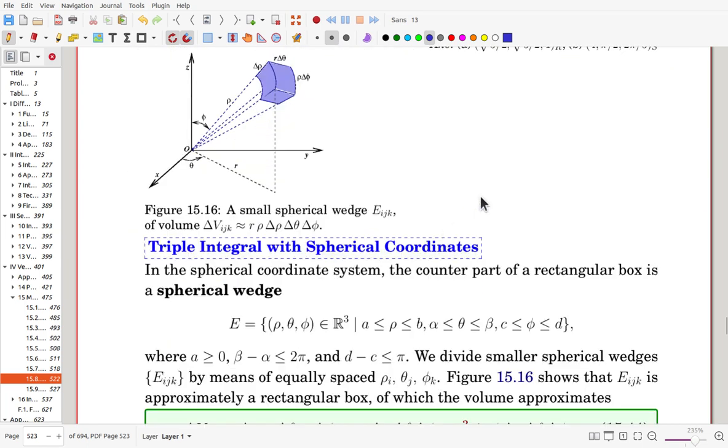Now, this spherical coordinate system will be used for integration, triple integral.